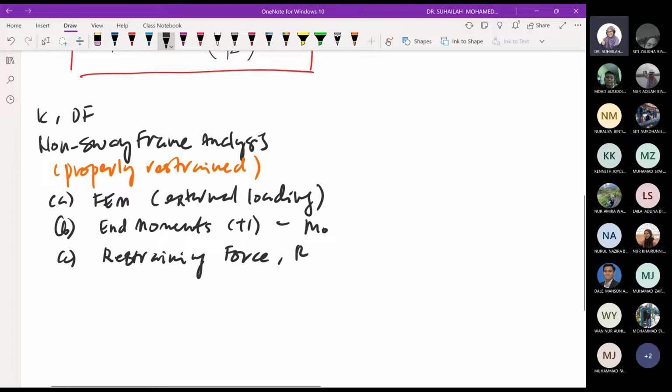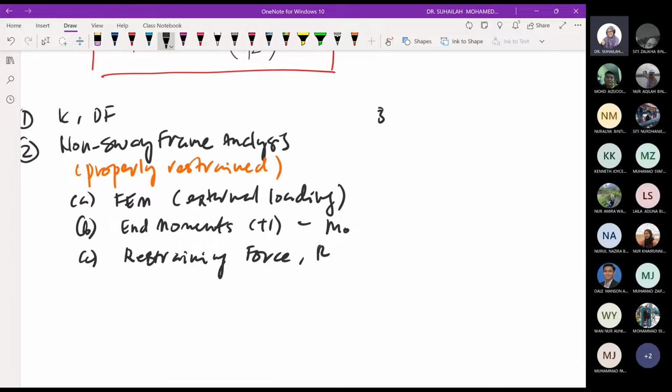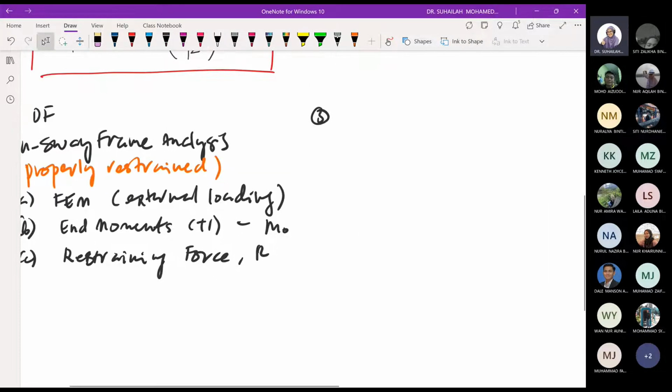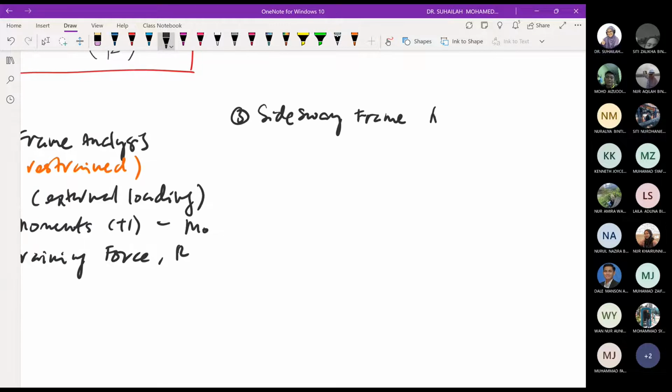Step number 3 is called Sidesway frame analysis.